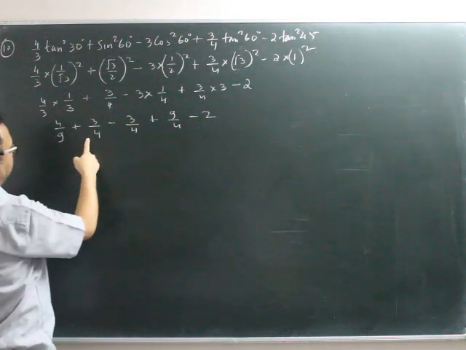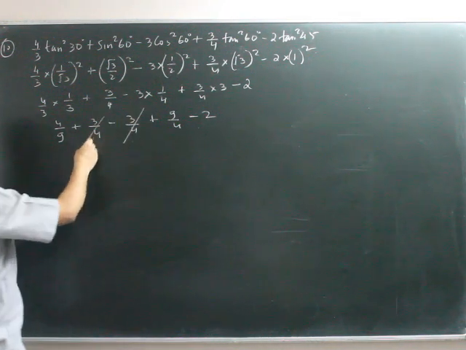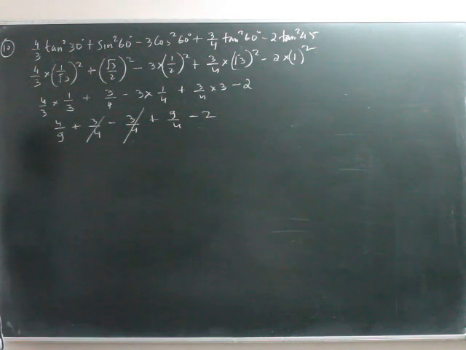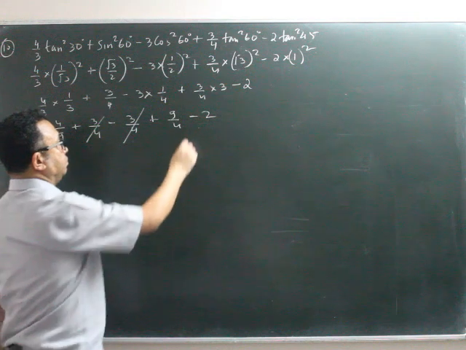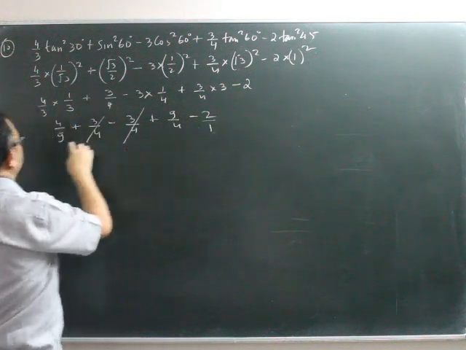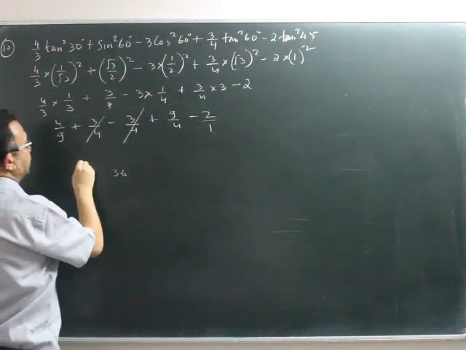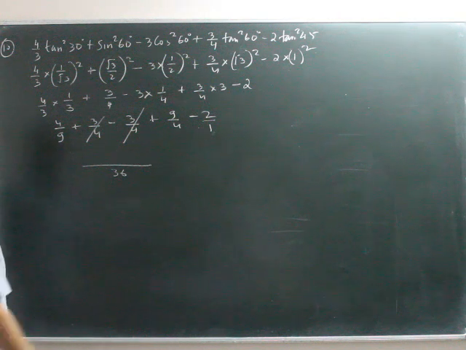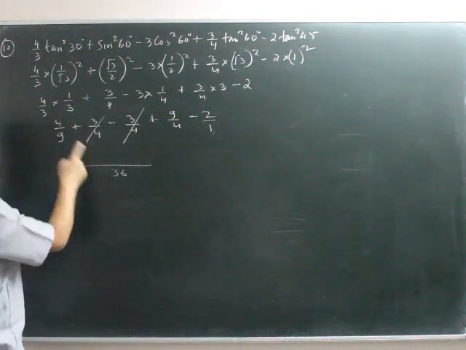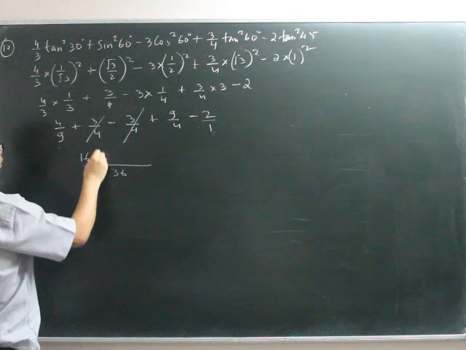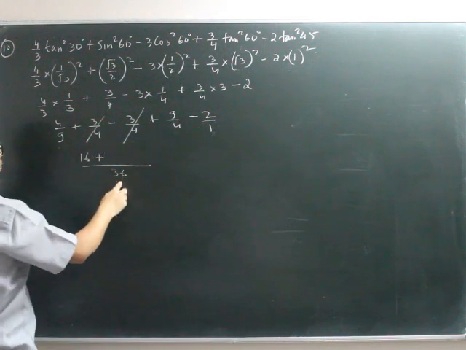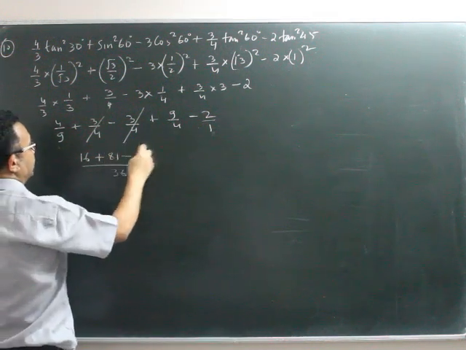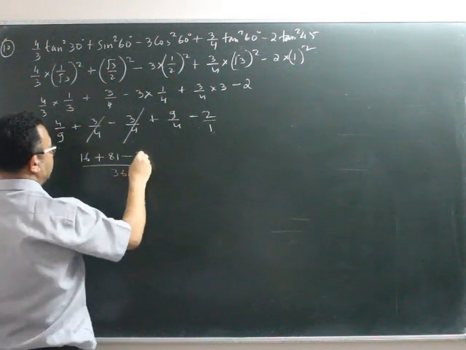So you can see plus 3 by 4 and minus 3 by 4 you can cancel, and now taking LCM of 1, 4 and 9, taking 36 as an LCM. 9 into 4 is 36, so 4 into 4 is 16; plus 9 by 4 will go 9 times, 9 into 9 is 81; minus 2 into 36 is 72.